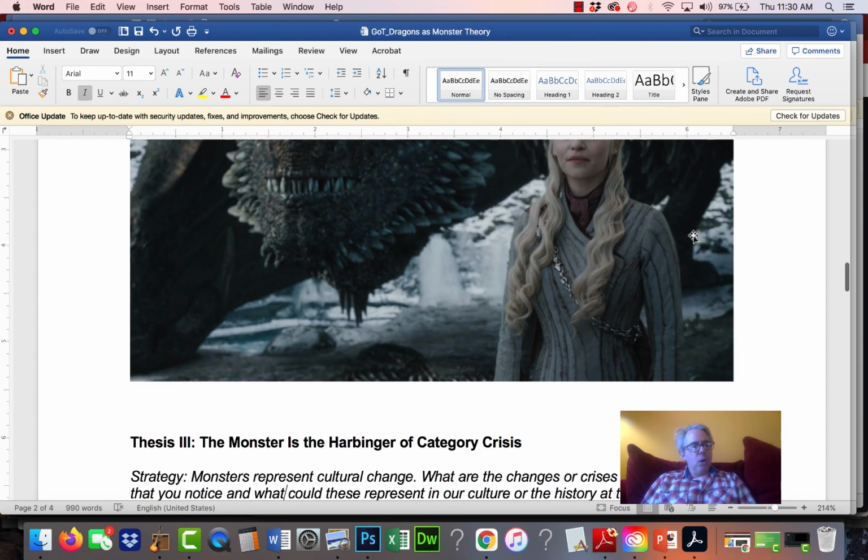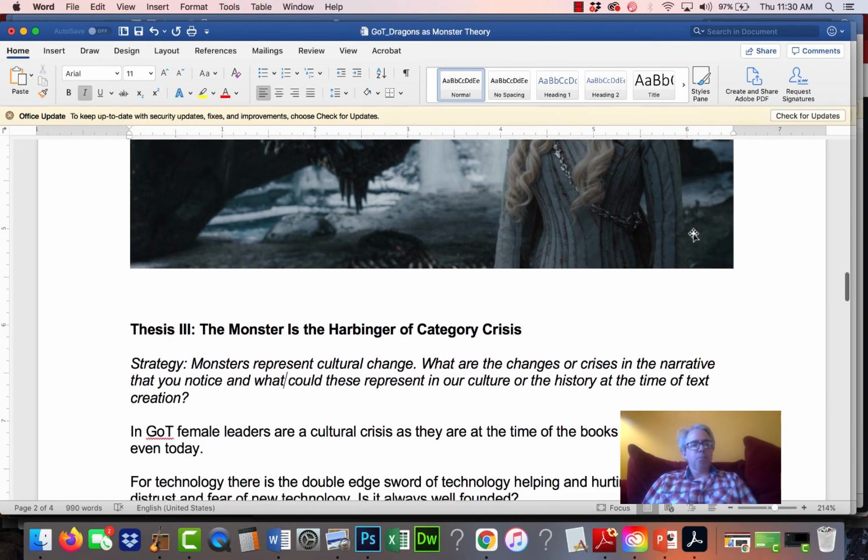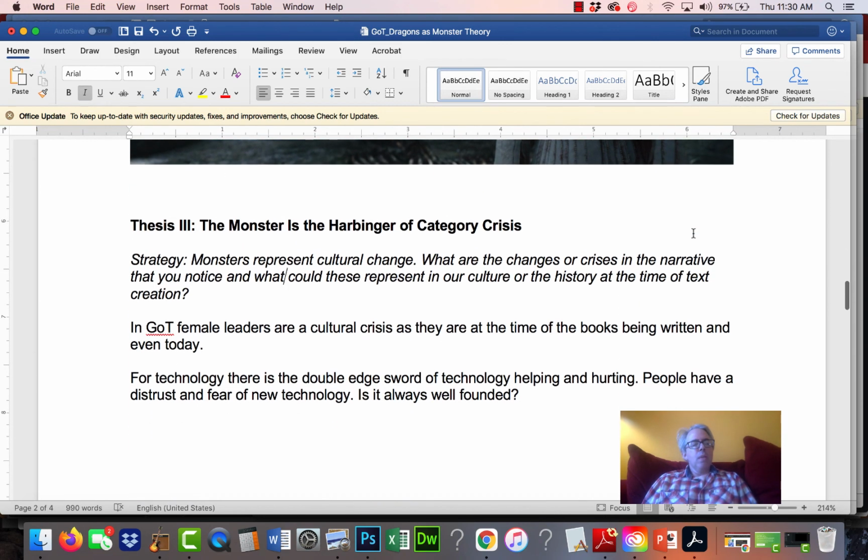So how about with number three? So the monster is the harbinger of category crisis. So for this one, my strategy is to recognize that monsters represent cultural change and change of categories within culture, because in culture we're always trying to categorize things and say this is this and this is that.